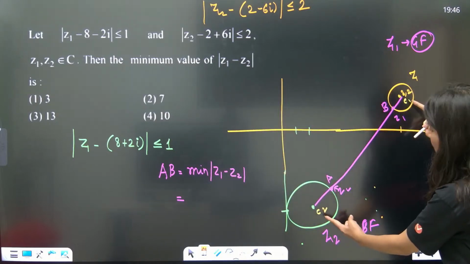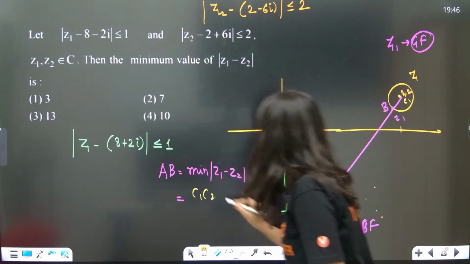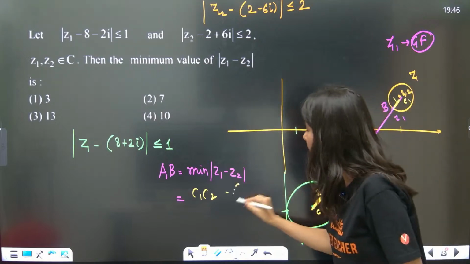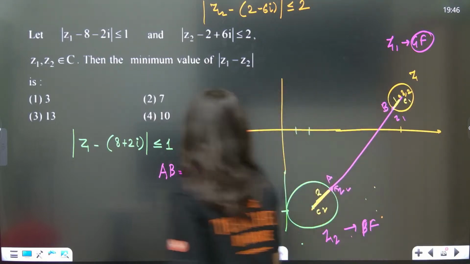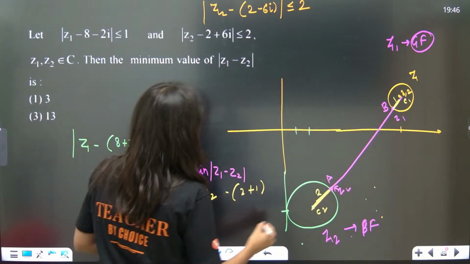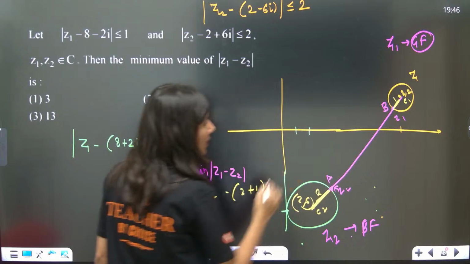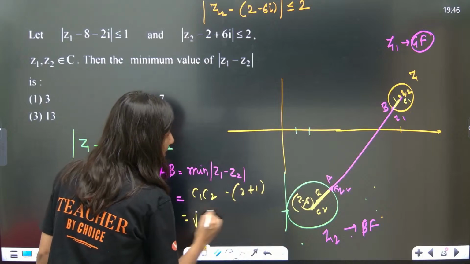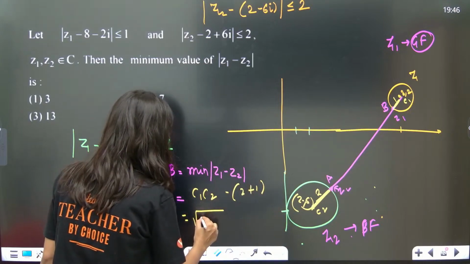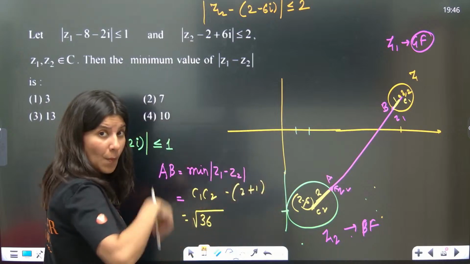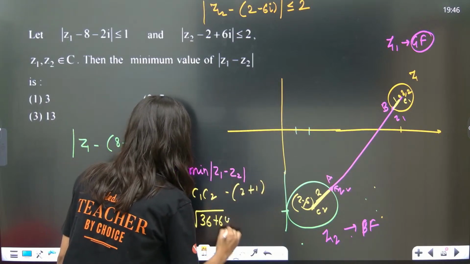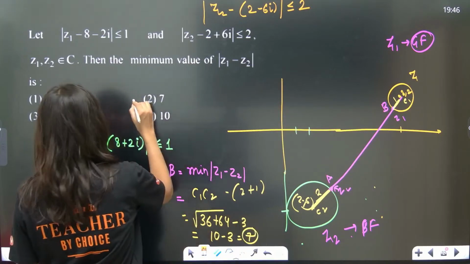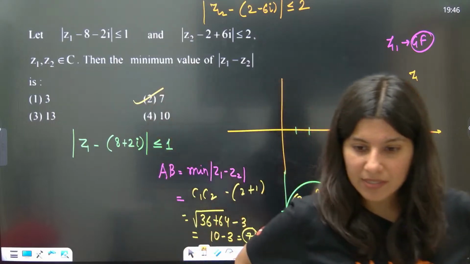So AB is the distance between C1 and C2 minus the radius of this circle and the radius of this circle, so minus 2 plus 1. The centers are 8 comma 2 and 2 comma minus 6. Now apply the distance formula. Square root of 8 minus 2, that is 6 whole square, 36, and 2 minus minus 6 is 8, square 64. So root 100 minus 3, 10 minus 3. 7 will be the minimum distance, option B.